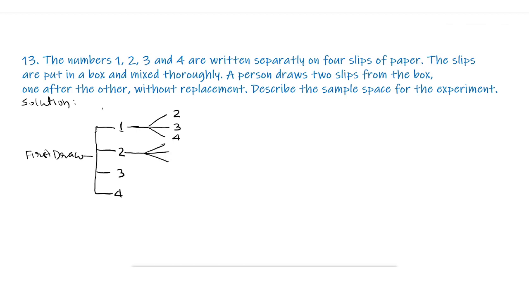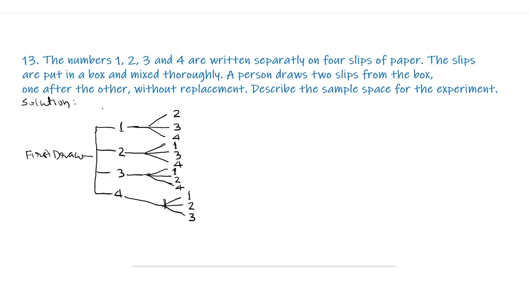When slip number 3 comes, then any of slip 1, 2 or 4 may come. And if slip number 4 has come, then any of slip 1, 2 or 3 may come.